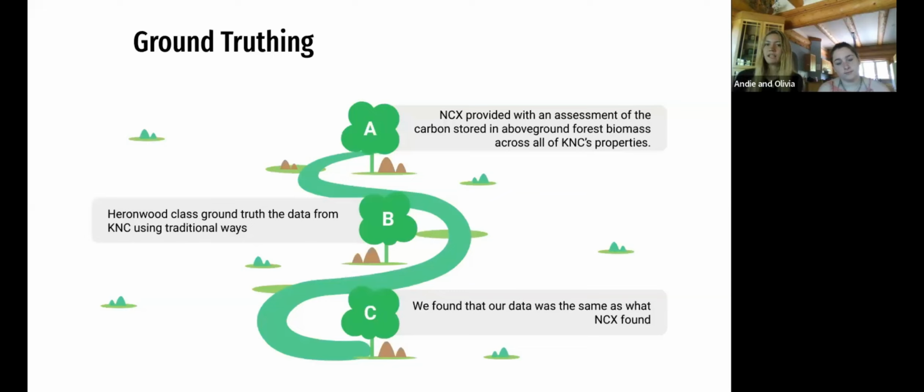So they took satellite images and they were able to calculate from those satellite images how much carbon was stored in our forests. So we took that data and then we compared it to our own. So we ground truth their data by using the traditional ways. And then we found out that we have roughly the same amount of carbon as what they found, which was 2,486 metric tons of above ground biomass.